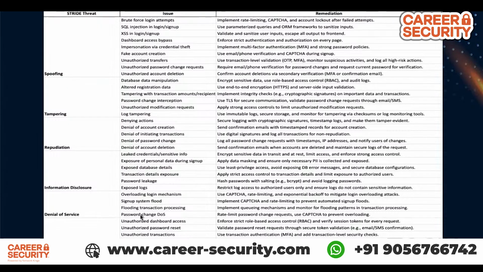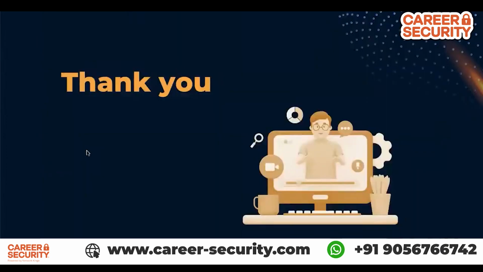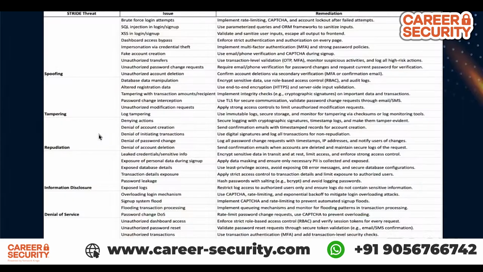Then there is denial of service, like anybody can randomly go and flood the transaction processing, flood the password change, and there is a rate limit on password change requests, and use captcha to prevent overloading. So here are all of the issues that can be present in these categories, and here are the remediation steps for them.